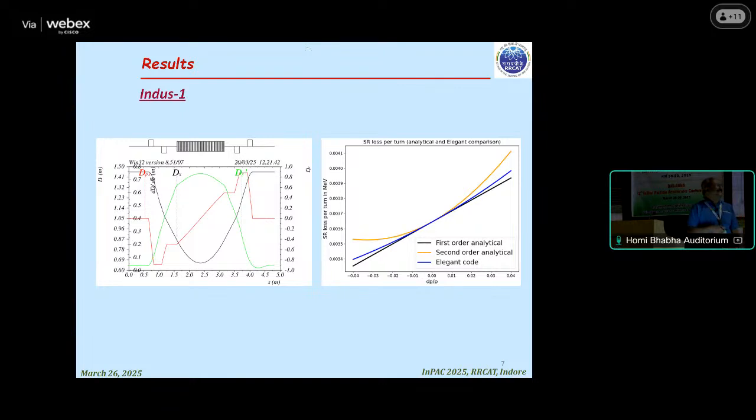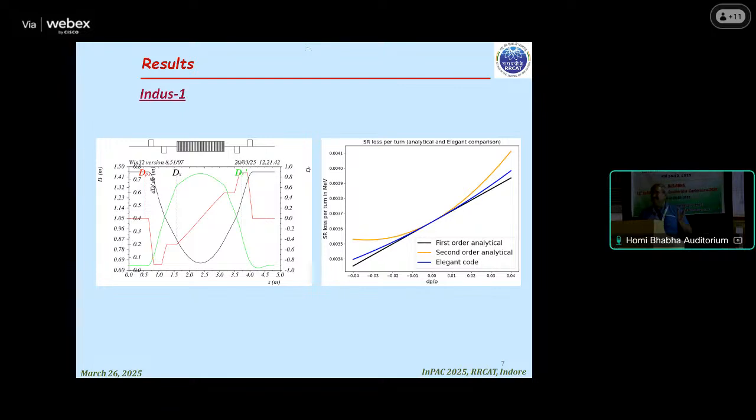So this is really interesting to show. This is only due to the second order effect. There is no significant third order effect which can bring this nonlinearity. Because you can see here the symmetric effect due to elegant, meaning there is no signature of third order nonlinearity. This is up to second order, and the second order nonlinearity is lesser than the analytical formulation. This can also lead to a change in damping time of up to 10%.